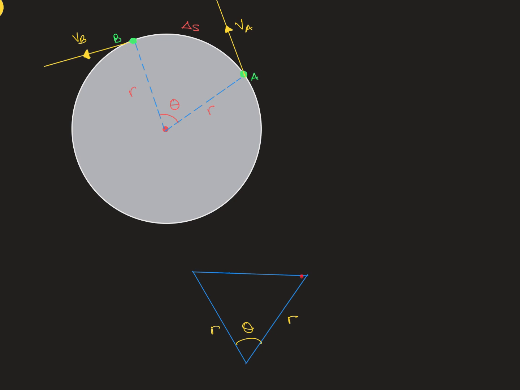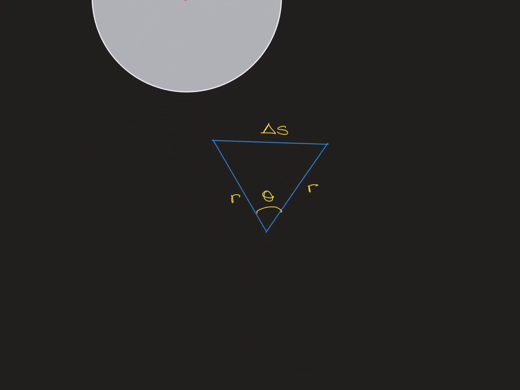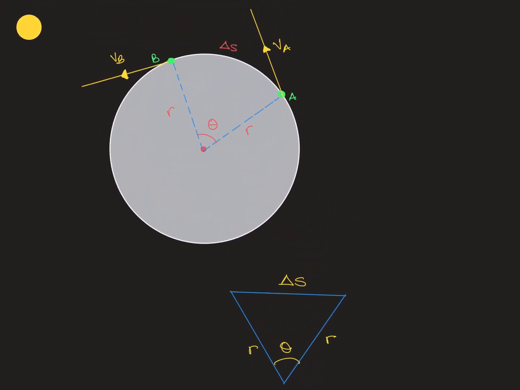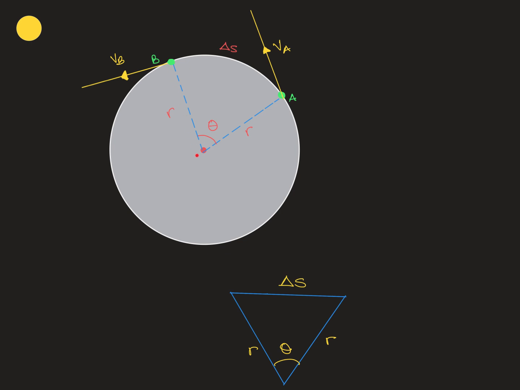So this line will be our delta S. That is going to be the same as this curve here. So that is our triangle for R and delta S.